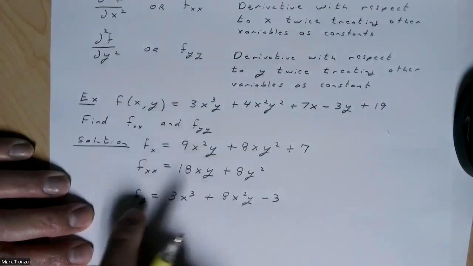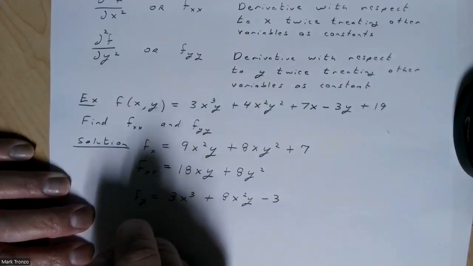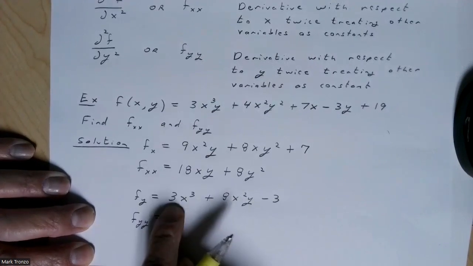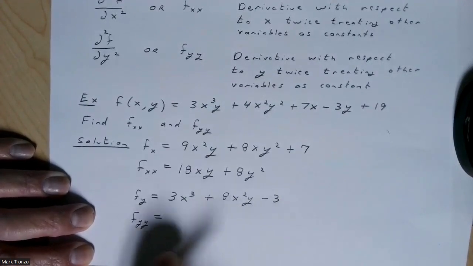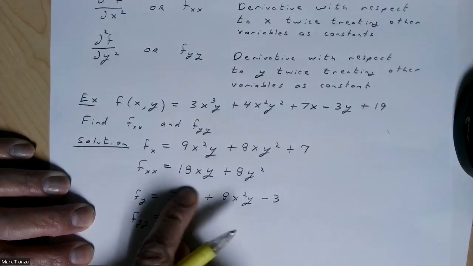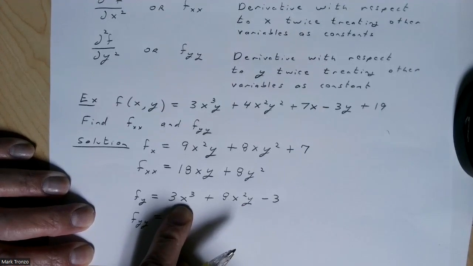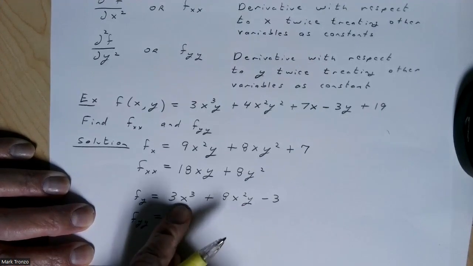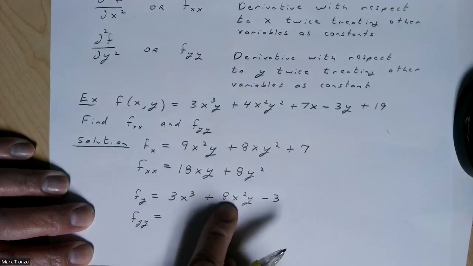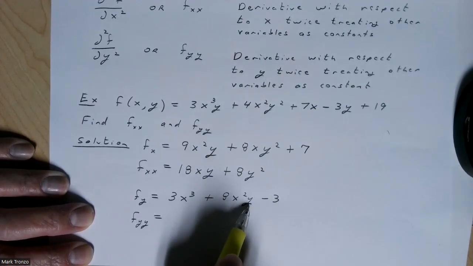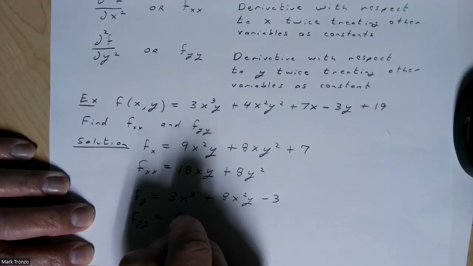Now we want the second derivative. And that's going to be again, the derivative with respect to y of the first derivative. So this is going to be the derivative. That's really just treated as a constant when we're taking the derivative with respect to y. So that's 0. And then over here, this is like a constant times y. So we're just left with the constant.